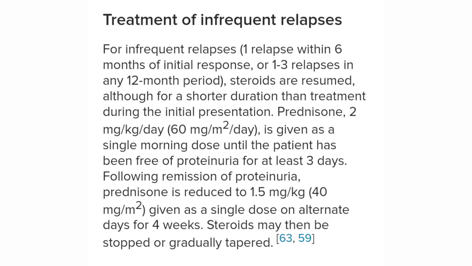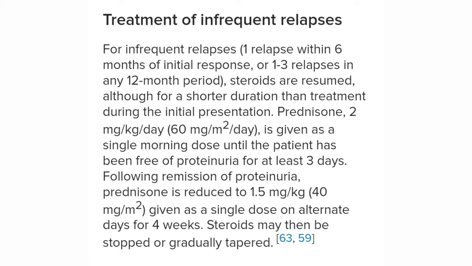So now the simple nephrotic syndrome was being treated as I have discussed. Now we will treat the infrequent relapser, frequent relapser, as well as steroid dependent nephrotic syndrome. What is an infrequent relapser? You get nephrotic syndrome the first time, you give steroids, and there is a response.